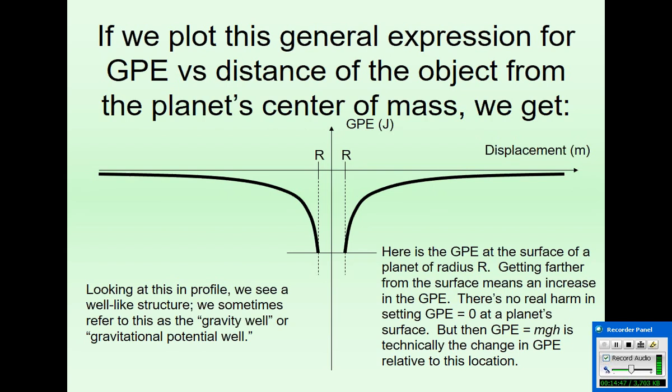So mgh is extremely useful when you're close to the surface, but in reality it's just a resetting of where zero is. Universally speaking, zero is when the two objects are infinitely far apart, but for convenience we use zero gravitational potential energy at the surface. I hope that makes sense.